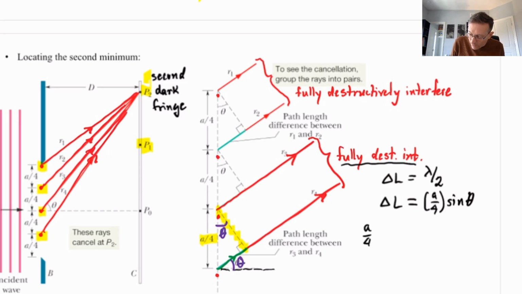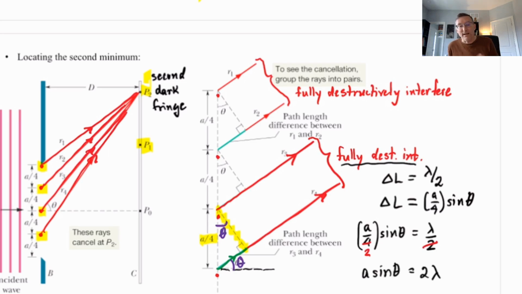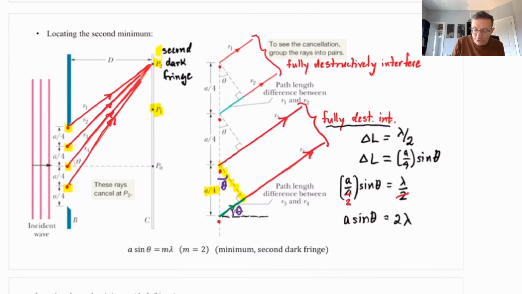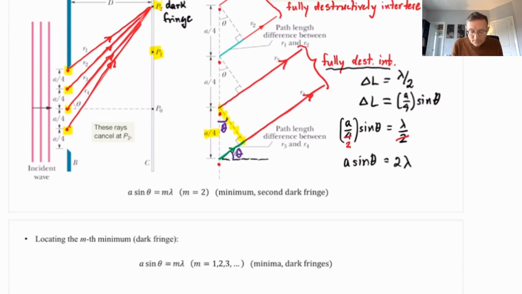A over 4 sine theta must equal lambda over 2. And I can get some cancellation. I'm left with a 2 there, and I multiply both sides by 2, and I get A sine theta must equal 2 lambda. And that leads me to the condition to find the second dark fringe, which I've written here. A sine theta must equal m lambda, where m equals 2. And that will give us the second dark fringe.